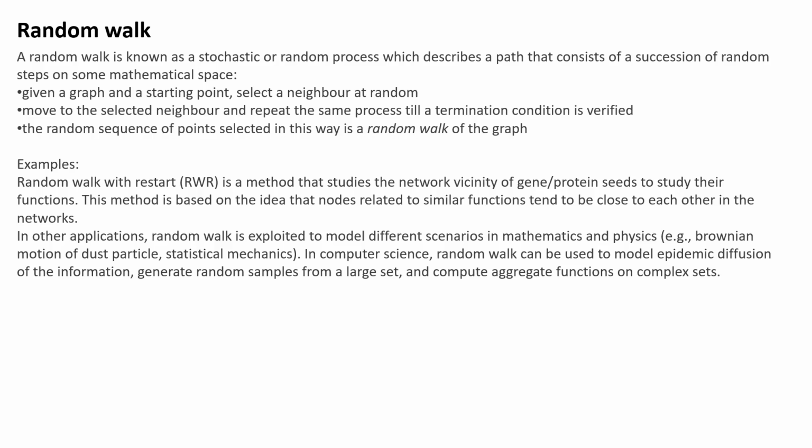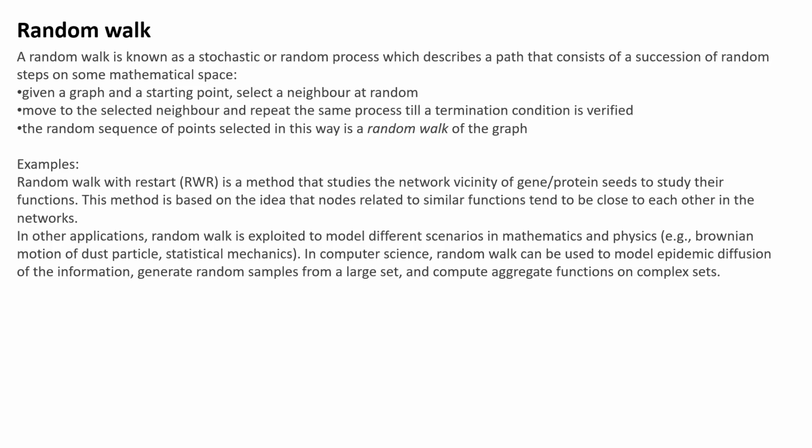And this random sequence of points selected in this way is called a random walk of the graph. It's basically what the name suggests. You are randomly walking on the graph. Just imagine yourself walking on the graph, putting your feet on the nodes, and moving from one node to another through an edge. So that is what it means basically.